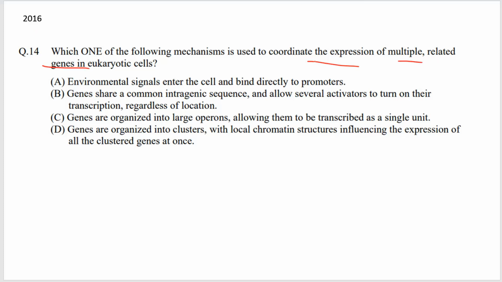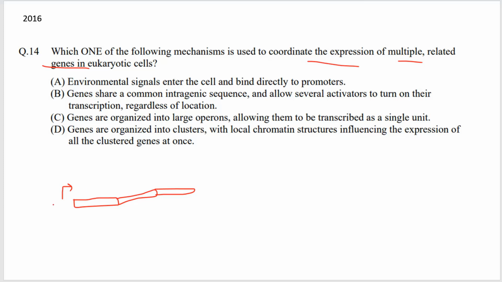So, what is that? Normally in prokaryotic cells, you have seen the presence of operons like the galactose operon or the lactose operon. That is the most common operon. What happens is that there is a single promoter, and the single promoter drives the transcription of all the genes that are required in that pathway, like you have A, B, C, D kinds of genes.